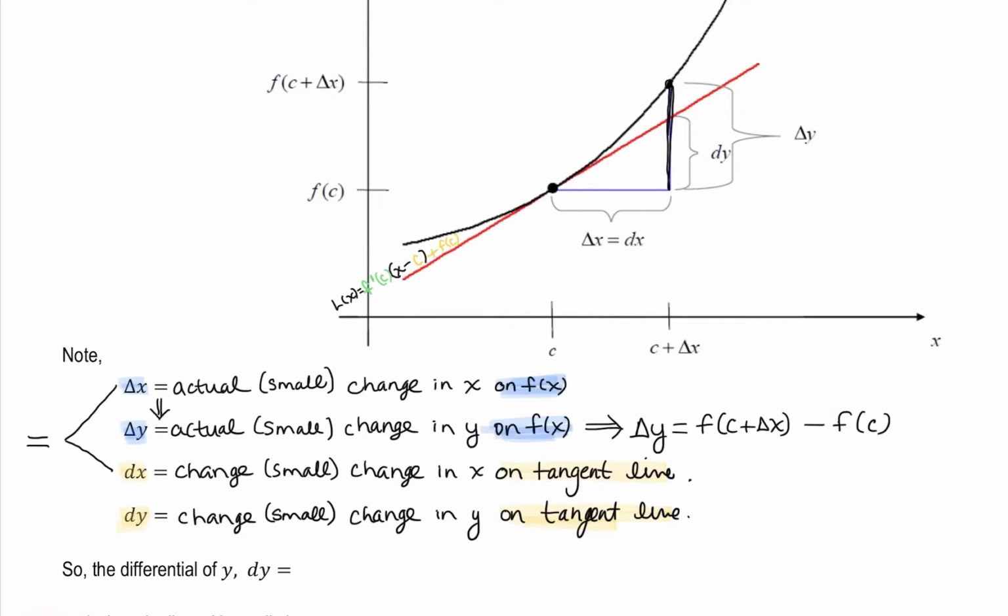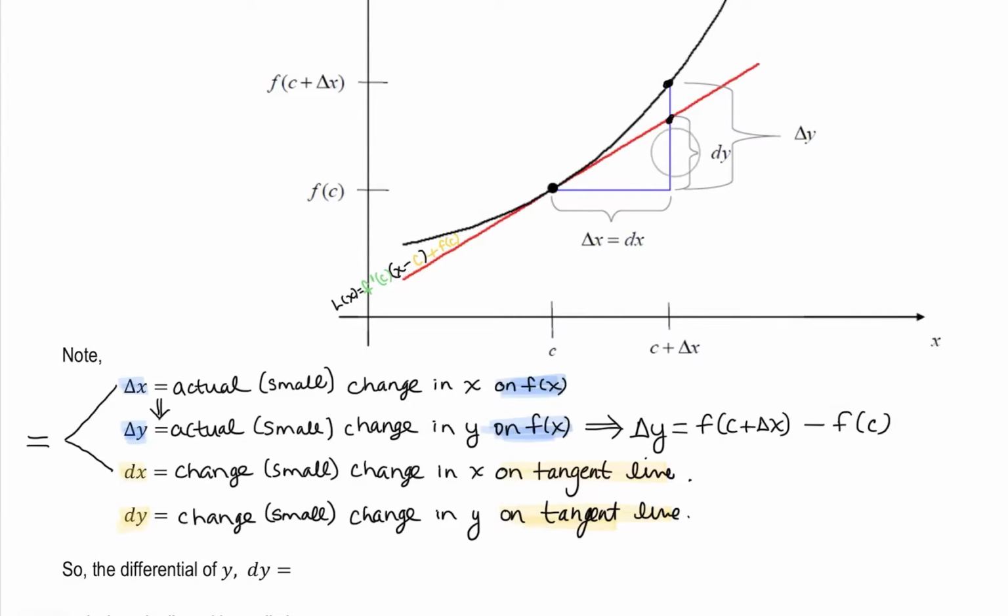Whereas the dy is as we go out to this f of c plus delta x, but do it on the tangent line: the change in y on the tangent line, that is your dy.